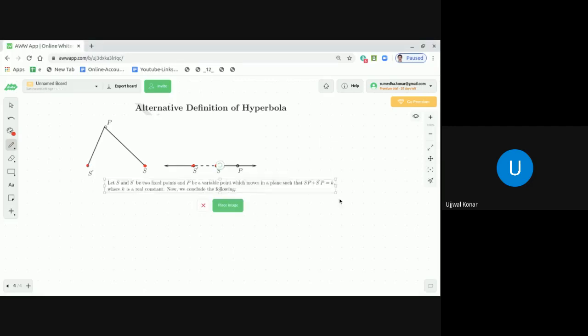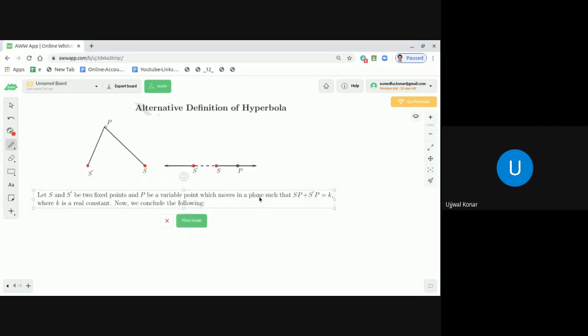As you see, S and S' are two fixed points, and P is a variable point which moves in a plane such that SP plus S'P is equal to K, where K is a real constant. Now what can we conclude?